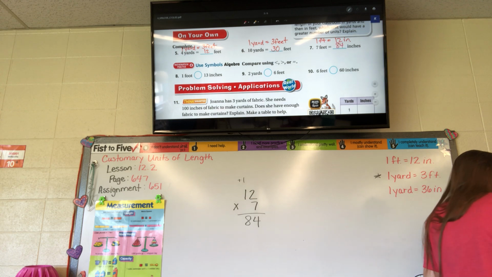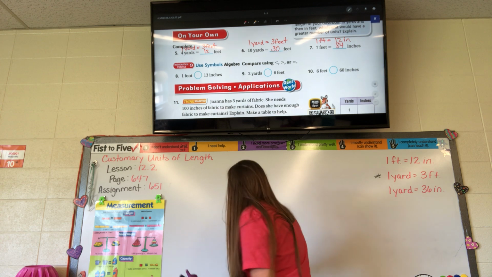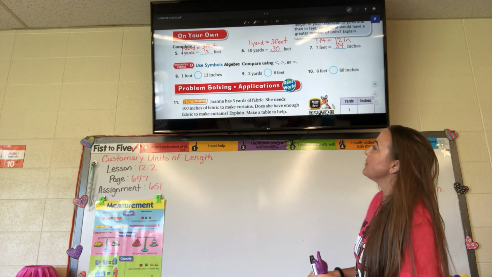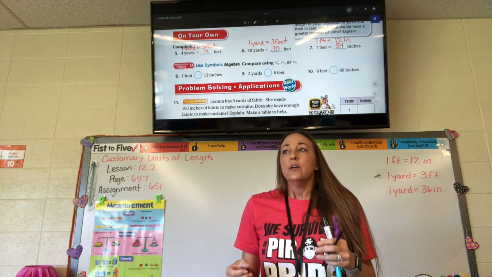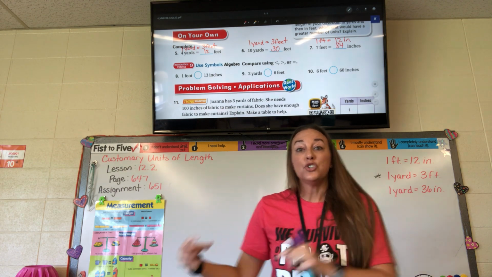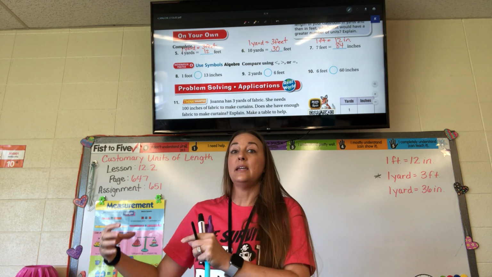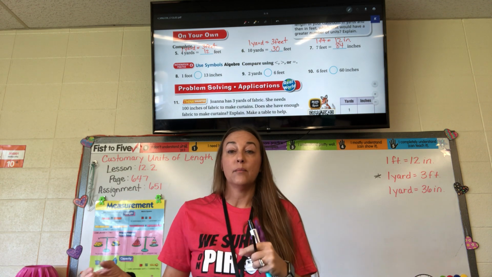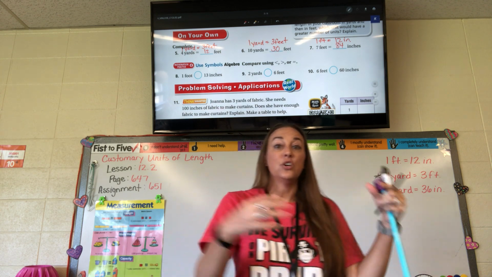Okay. Now these are a little bit different. It says we need to compare using less than, greater than, or equal to. So we have to change one of them into the other. We either have to change inches into feet, or feet into inches, or yards into feet.